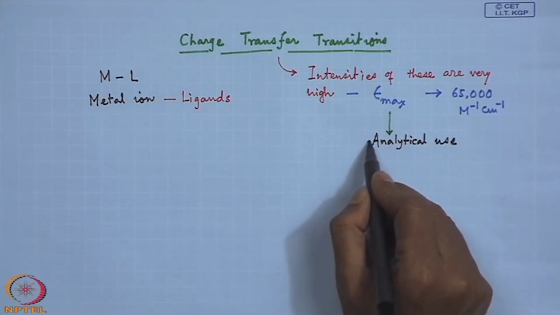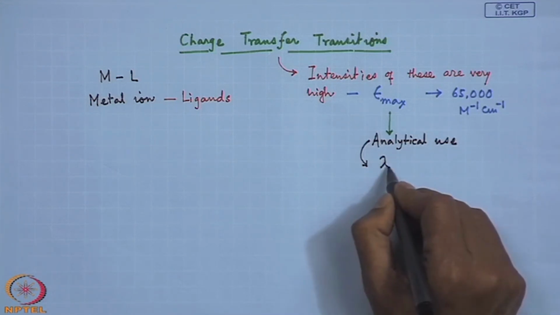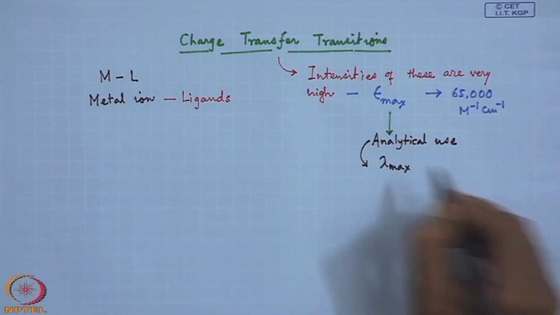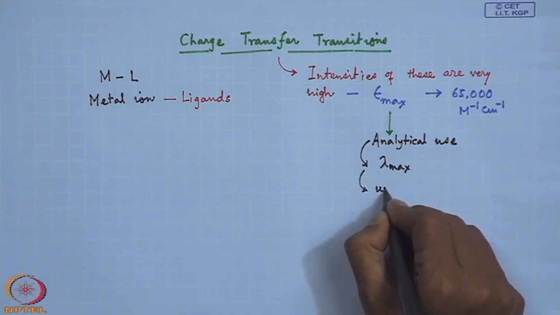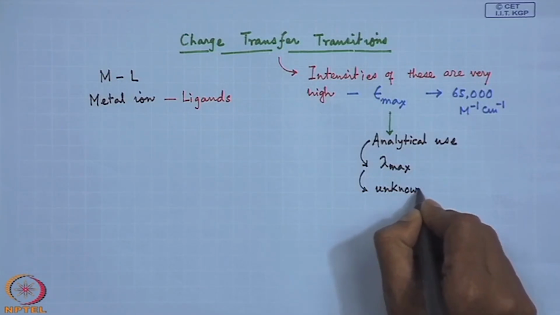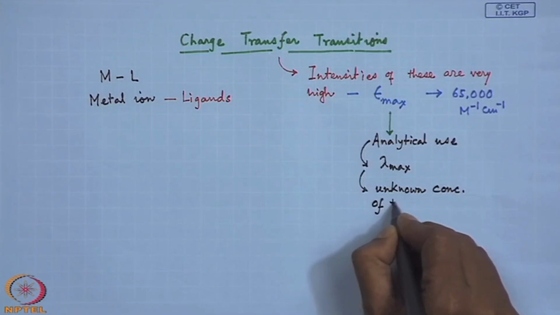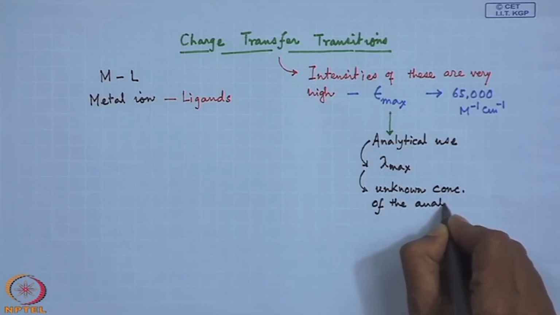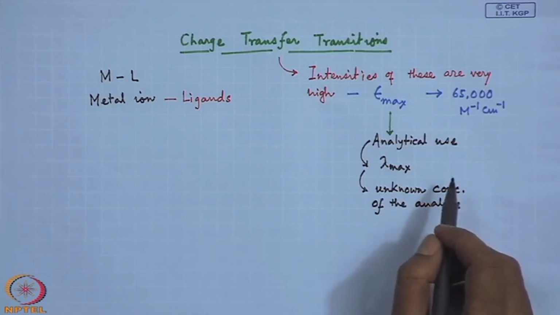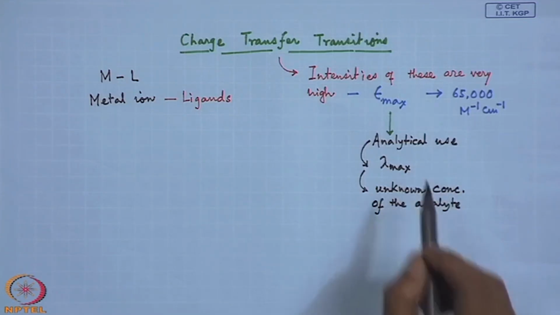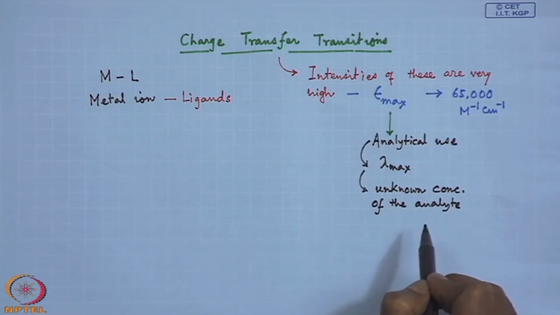At that particular lambda max value, we can detect the unknown concentration of the analyte. That means we can go down to a very low concentration for any unknown analyte if it can show a charge transfer transition.